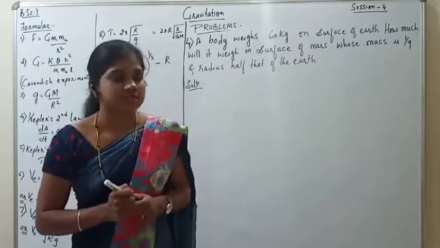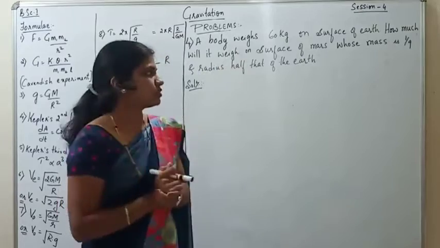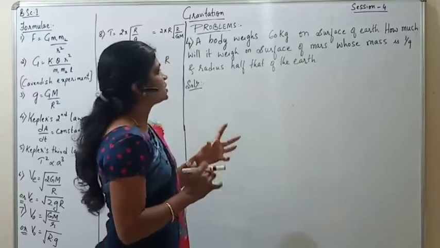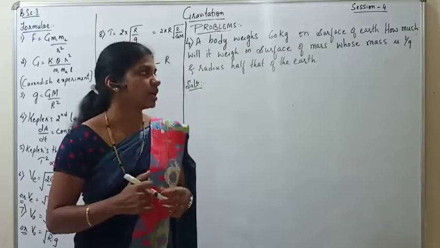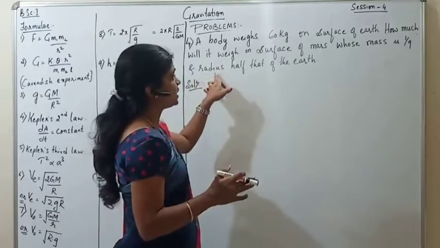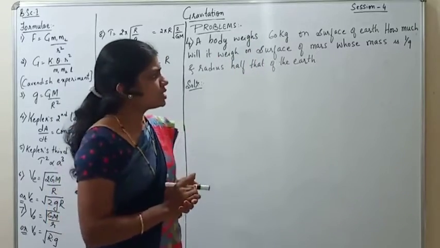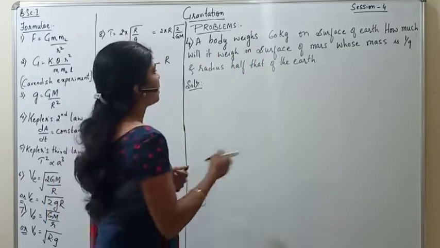The fourth problem says a body weighs 60 kg on the surface of the earth. How much will it weigh on the surface of Mars, whose mass is 1/9 and radius half that of the earth? So here, what is given to us?